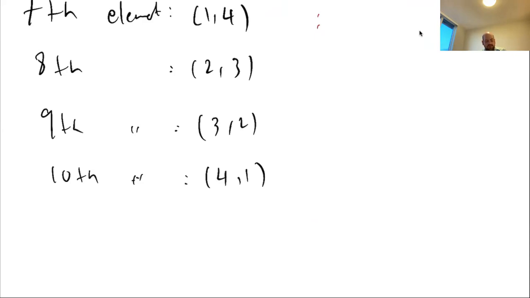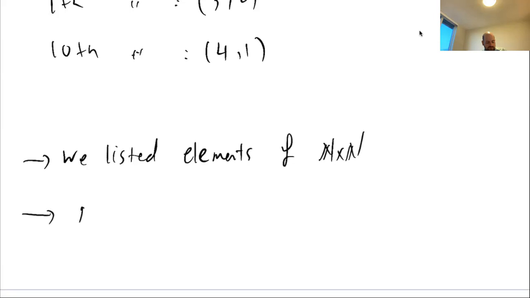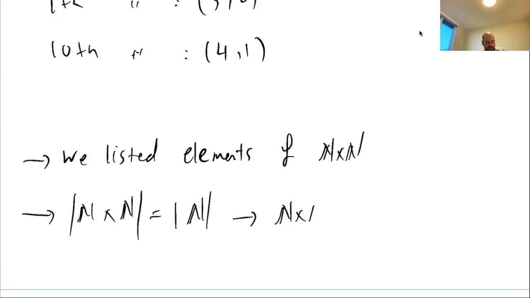So we are listing all elements of N cross N. That means the cardinality of N cross N is equal to the cardinality of N, and that means N cross N is denumerable, and therefore countable.